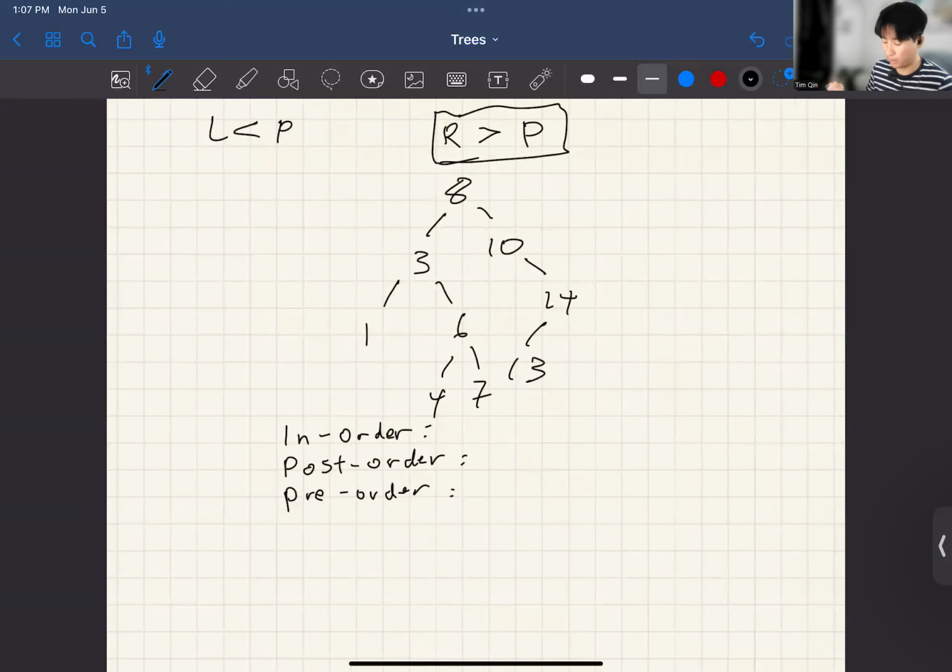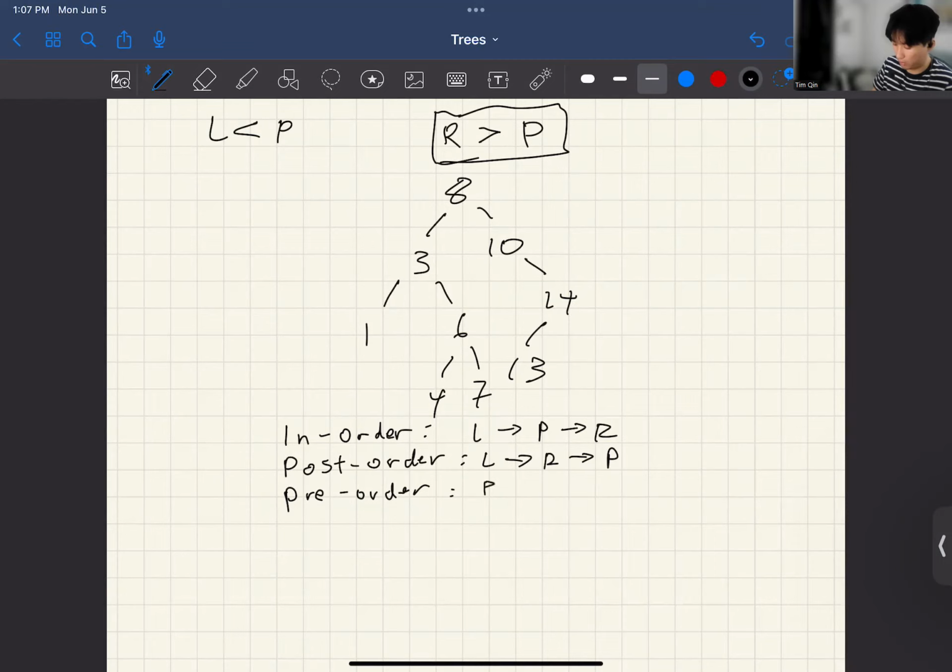An easy way to remember how to apply these traversals is that for in order, you go left child, parent, then right child. For post order, you go left child, right child, parent node. And for pre-order, go parent node, left child, right child.